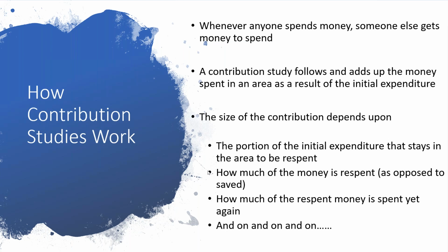The size of that contribution depends on how much of the initial expenditure stays in the area and how much of the money staying in the area is respent as opposed to being saved. Any money that goes out of the area leaves the system and no longer contributes. Any money that goes into your bank account leaves the system and no longer contributes. There are benefits to both imports and banking, but they don't help the contribution study. Next slide.